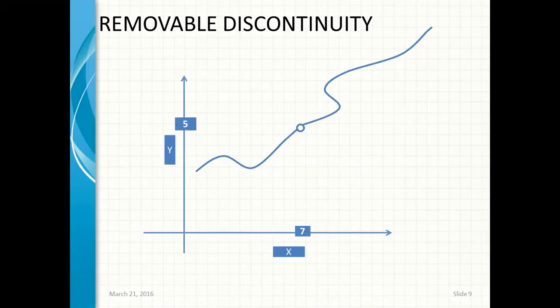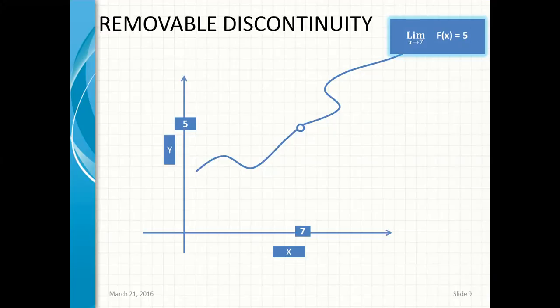Now if I have to take the limit as x tends to 7, I can always say limit x tends to 7 of f(x) equals 5. Value of y is 5, right? Now let me mark one more point on the graph at x equals 7.